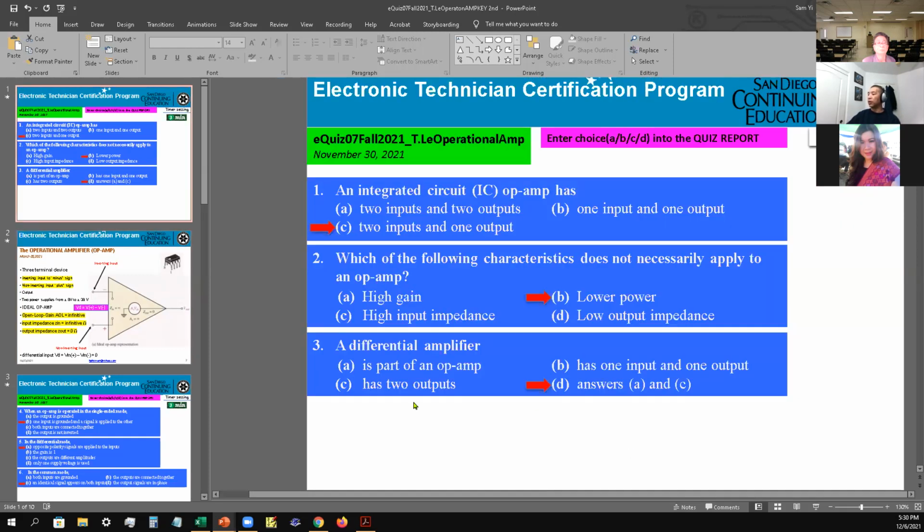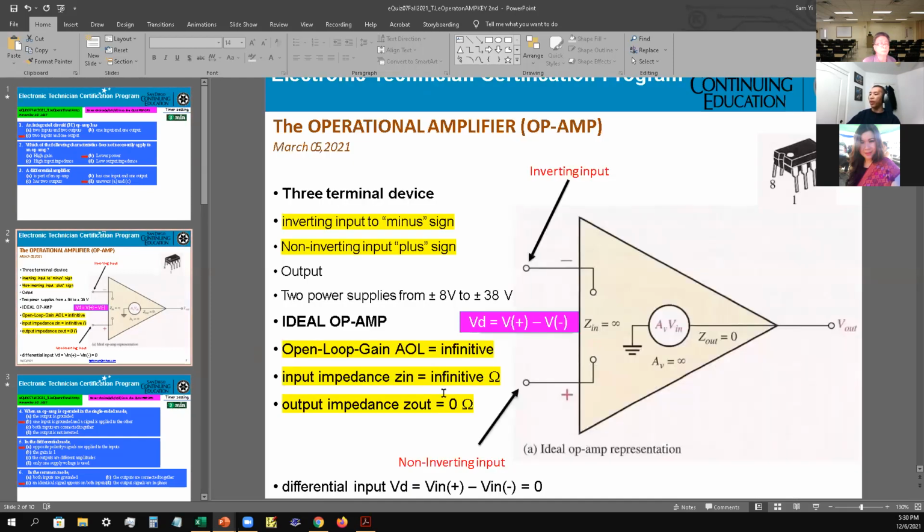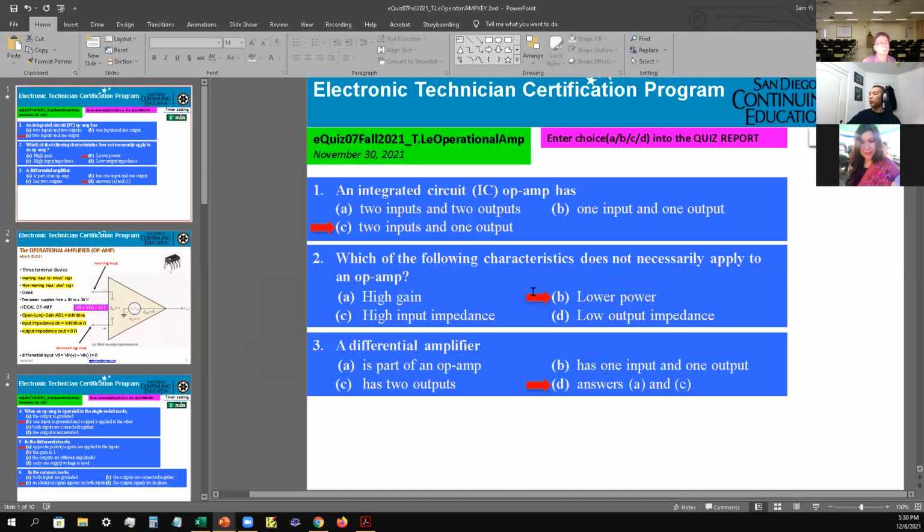So low output impedance, high input impedance, and high gain apply to the ideal op amp. The only one that does not apply is B, as in Bob, the low power, for number 2.